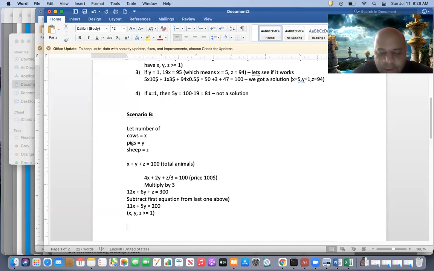It is not working. Y equal to 3: 5 into 3 is 15, so 11x plus 15 is 200, so 11x is 185. 185 is not divisible by 11.